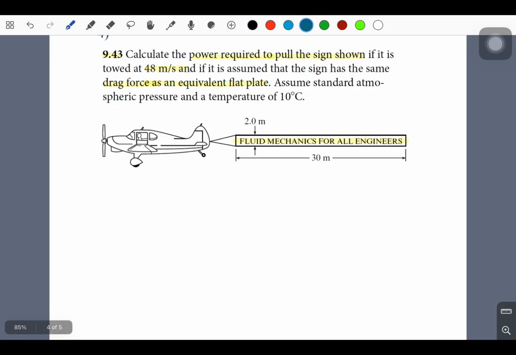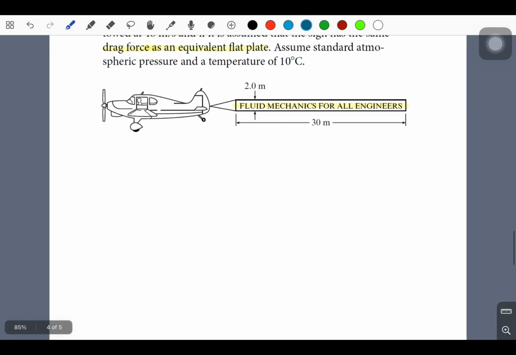So first of all, in this type of question, we need to know if it is laminar or turbulent flow. So we can use this kind of equation, which is the Reynolds number. In previous questions, we actually used something like this. They are basically the same, but with just different symbols.